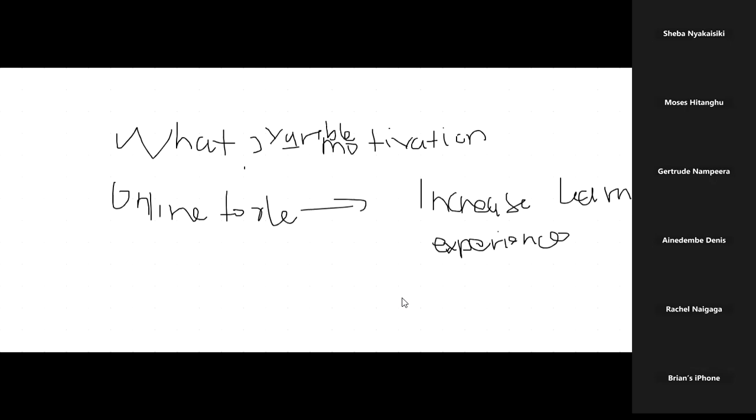This researcher is looking for, in other words, this researcher is exploring. Okay? So this researcher is very okay going to both public and private universities. Whereas this one is looking for whether the online tool does bring about increased learning experience.